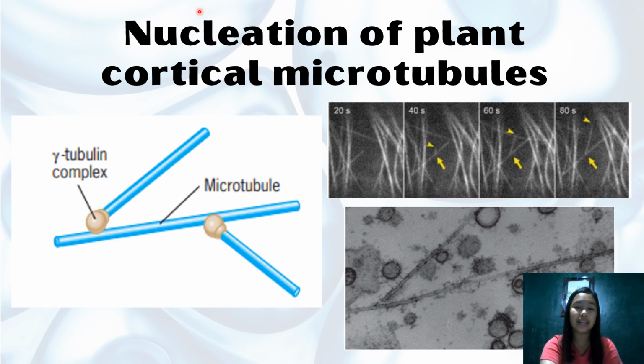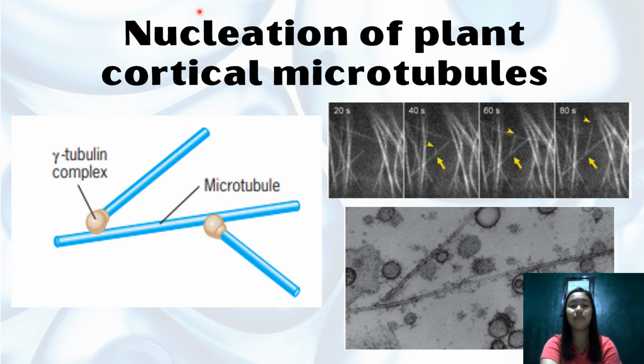The arrowhead indicates the end of the newly formed microtubule, while the arrow points to the branch point. So, electron micrographs of microtubules in a cell-free system show two daughter microtubules branching from the surface of an existing one.